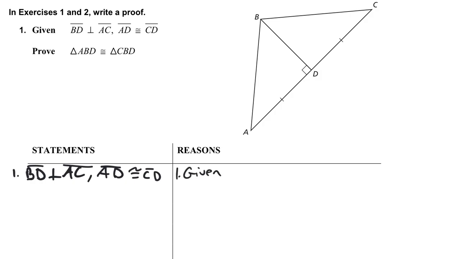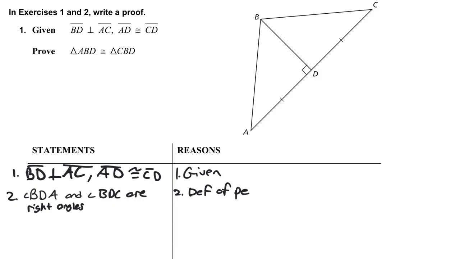My next part of the proof would have to say something like angle BDA and angle, let's say, BDC are right angles. And that would be definition of perpendicular lines.